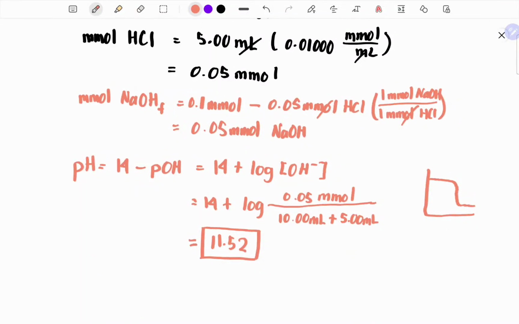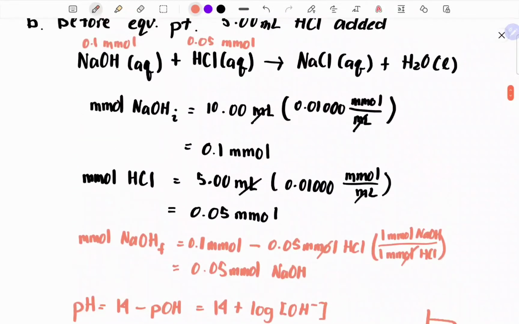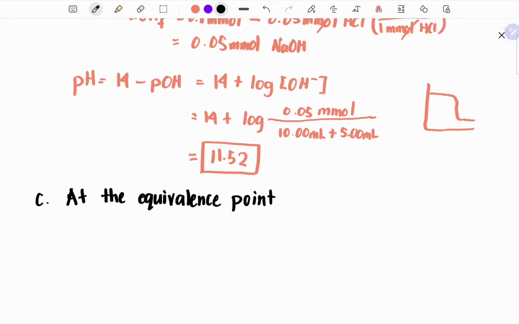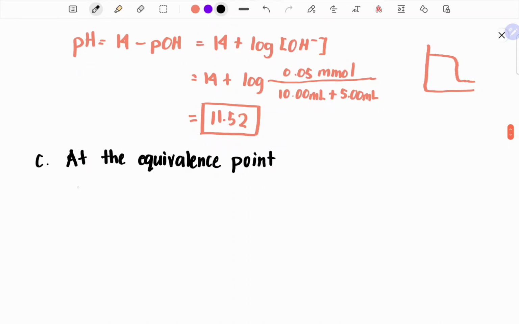Let's take a look then at the equivalence point. We can actually easily calculate the volume at the equivalence point because we know that the moles of acid and base are equal.